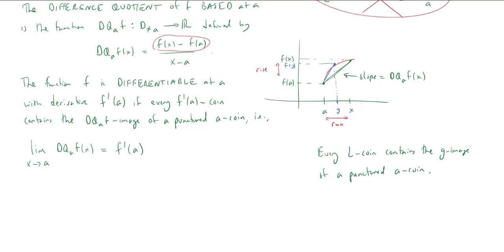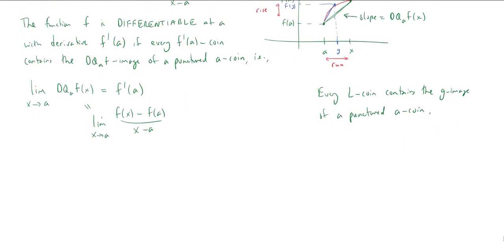Or alternatively, you could say this is equal to the limit, and this is what you probably remember from Calc 1, of f of x minus f of a over x minus a. So if the limit of this difference quotient as x approaches a exists, equal to some number, that's what you call f prime of a.